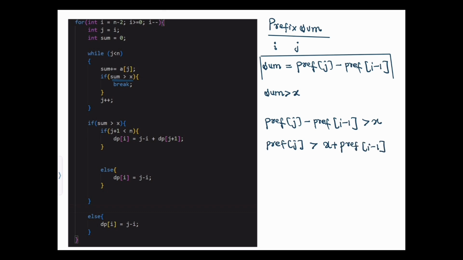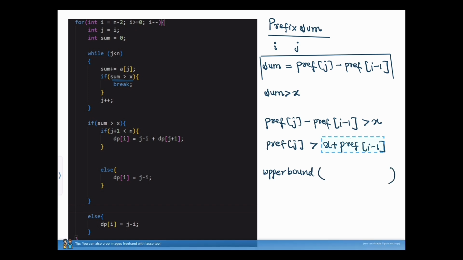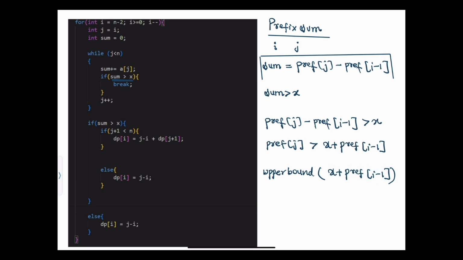So we basically have to find this. In order to find this, we can take an upper bound in the prefix sum. We can do an upper bound of this, and from this upper bound, we can calculate the value of j. So that's how our approach is going to be.